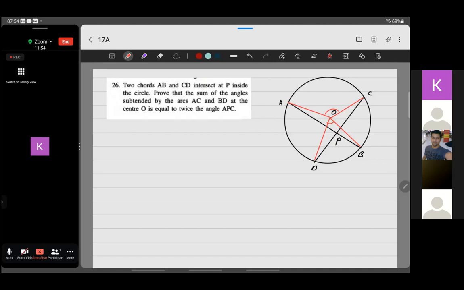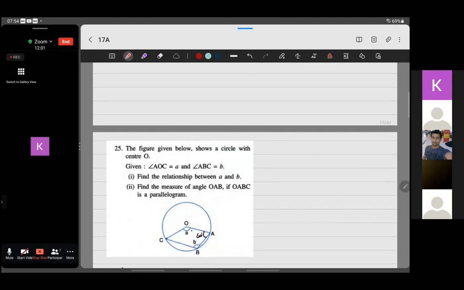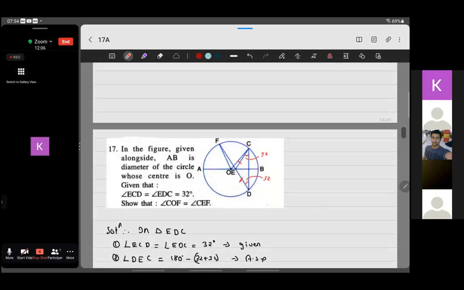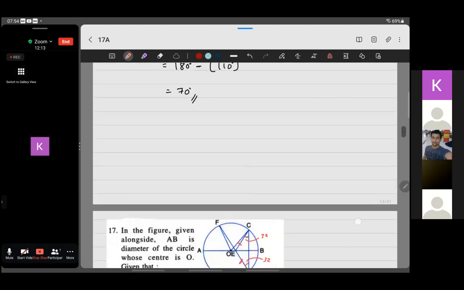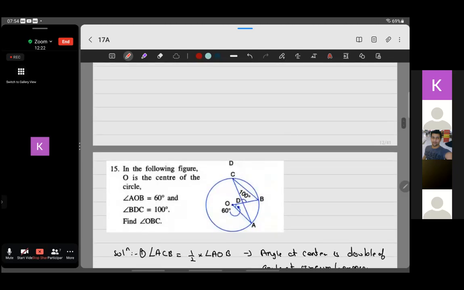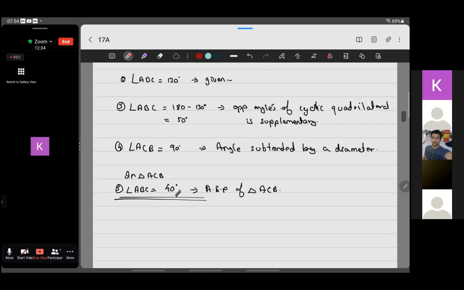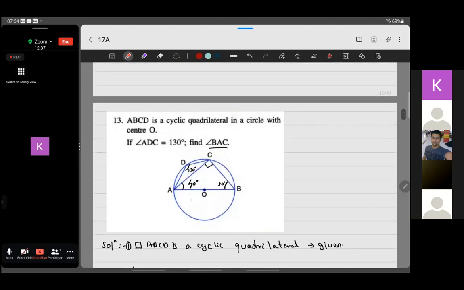Yeah, figure is given and your figure is 25 ये था क्या? 25 भी अलग है. और ये 17, 17 भी अलग है. और ये 16, 16 सेम है. बाकी सब सेम है ना, फिर 15 भी सेम रहेगा. 15 भी सेम है. हाँ, कुछ कुछ सम डिफरेंट है, मैंने बोला ना. 14 भी सेम है. ओके. 13 सेम है.